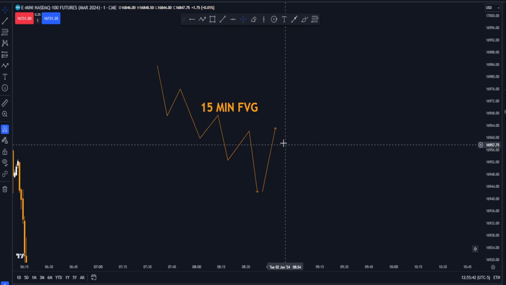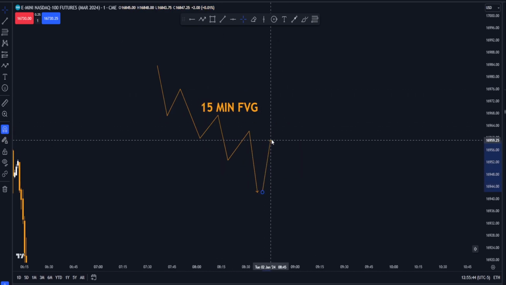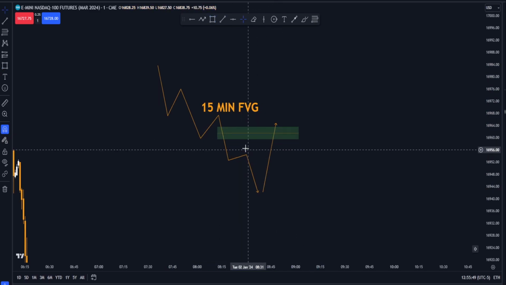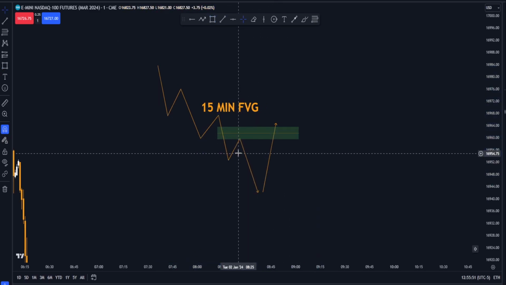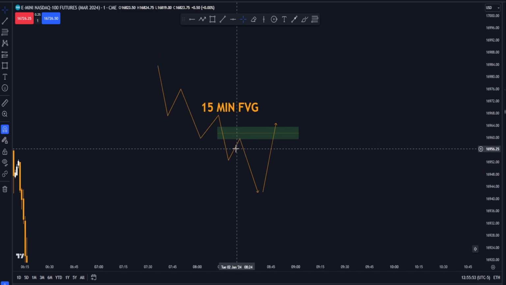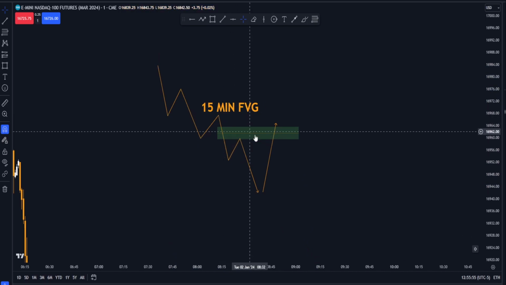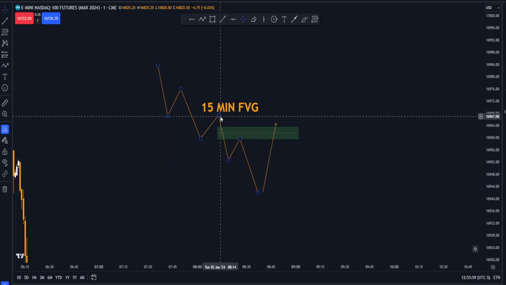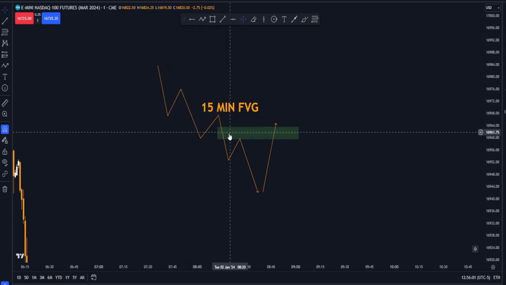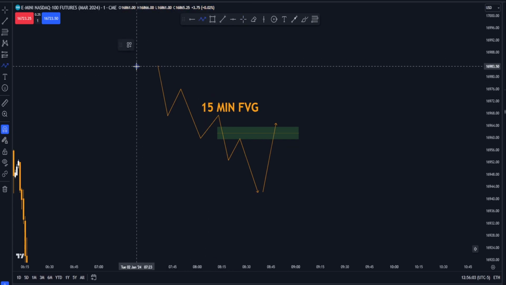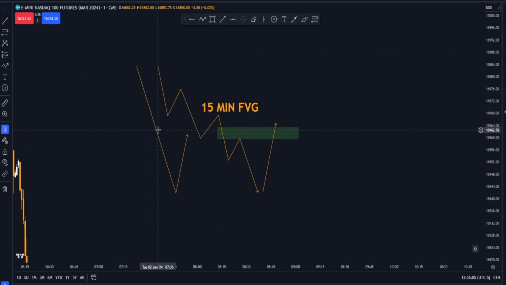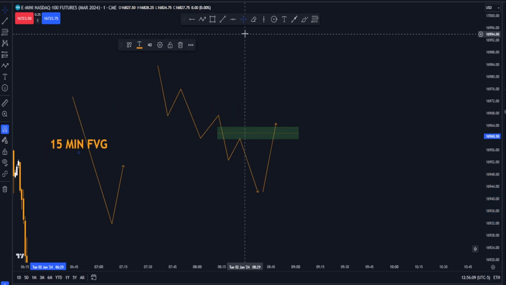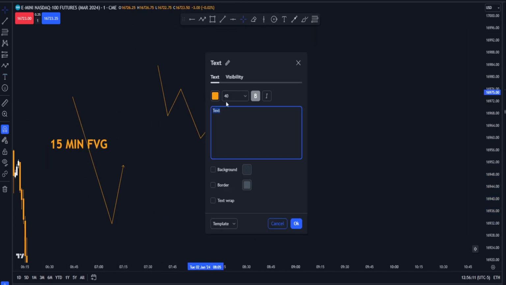I want to see the price go into this 15-minute fair value gap, which on a lower time frame will look like this. This is how it will look on the lower time frame, and this is how it will look on the 15-minute chart. So this is 15-minute, this is 5-minute.